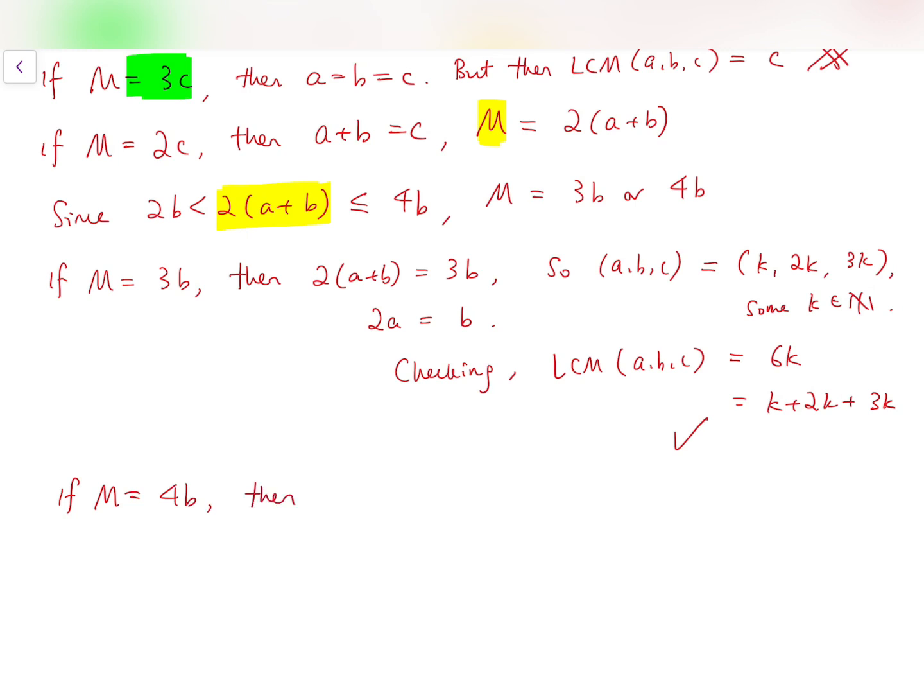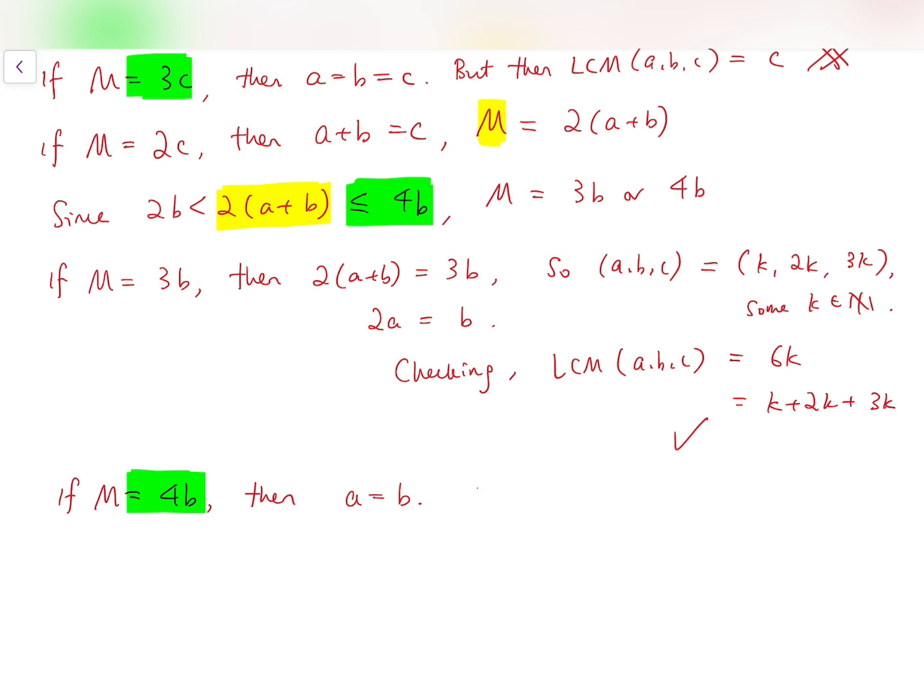Now if big M equals 4b, then that means we have again reached the upper bound. And so that means a equals b. And because they are equal, c is just their sum, which is 2a.